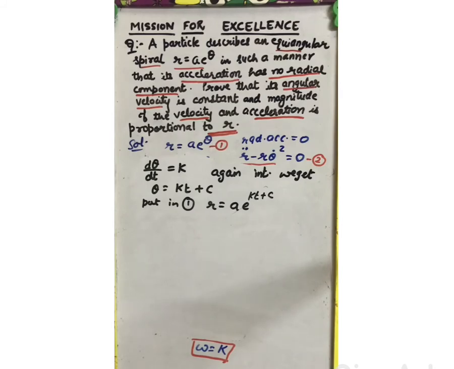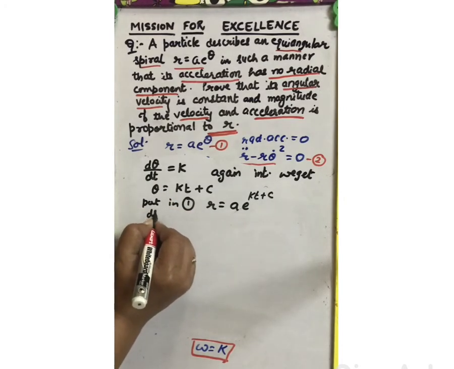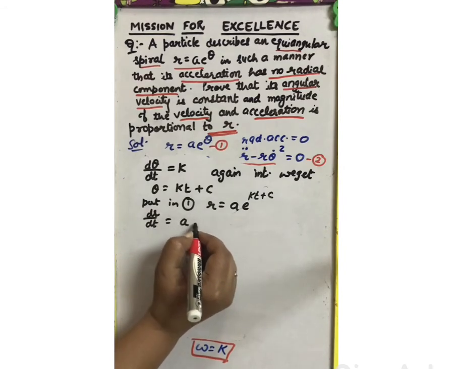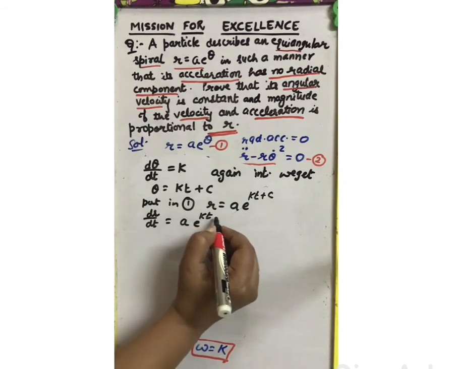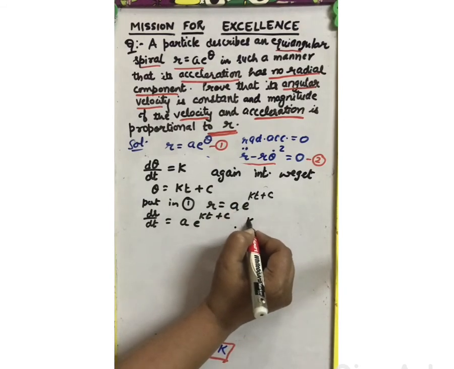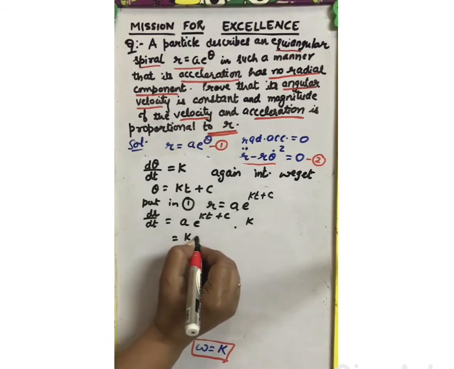So now we have dr by dt. Differentiating, we get dr by dt as a e raised to power kt plus c into coefficient of t, which is k, so we get k r.